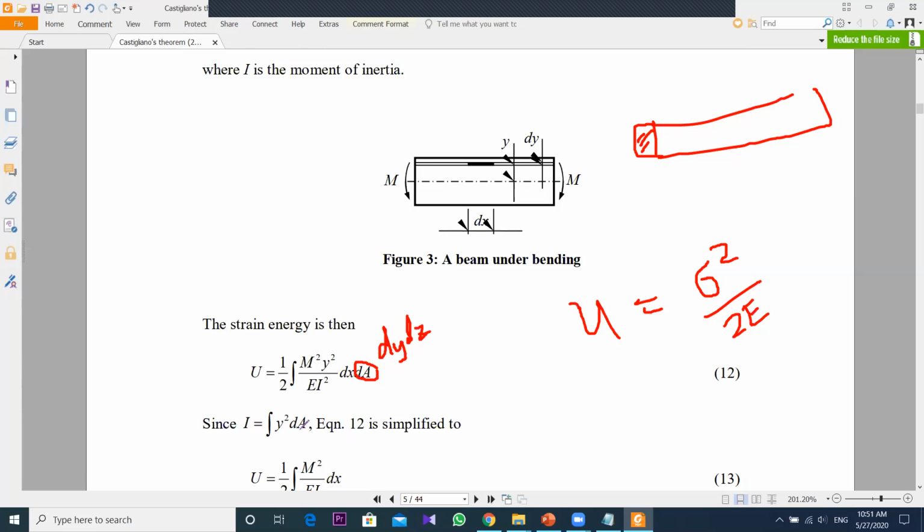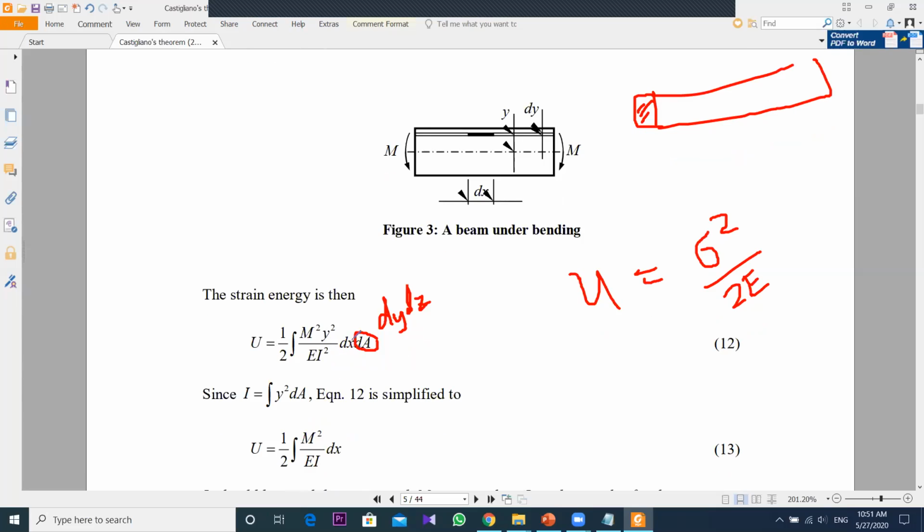If you remember this equation, in here you can see that part, integration y squared dA. So you can substitute that part as I. If you introduce that I in here, what happened? From I squared, one I will be cut off, and this is the remaining part.